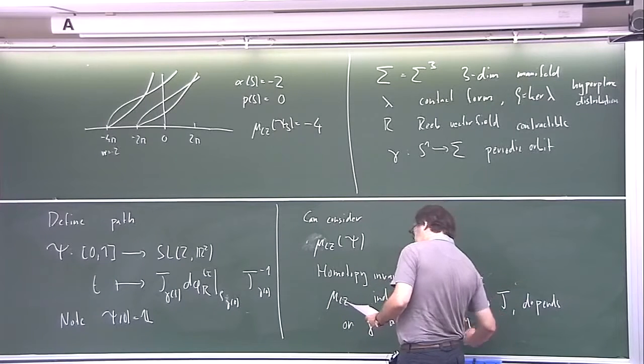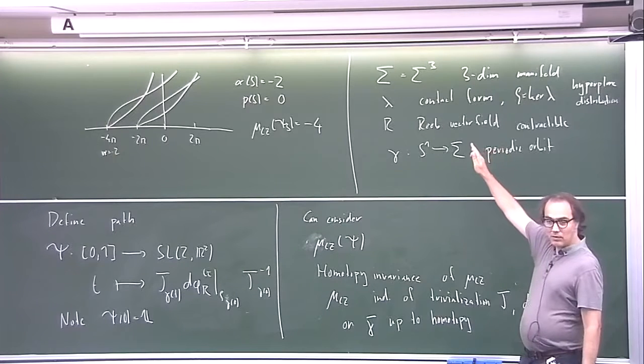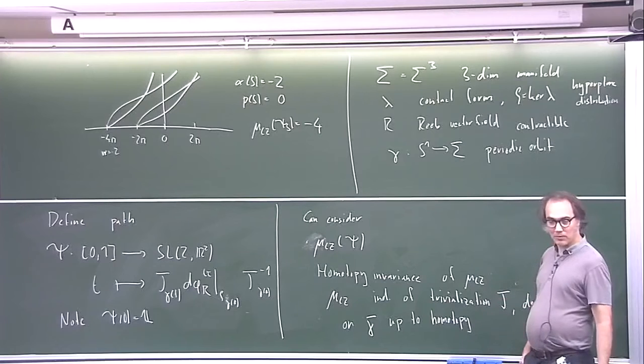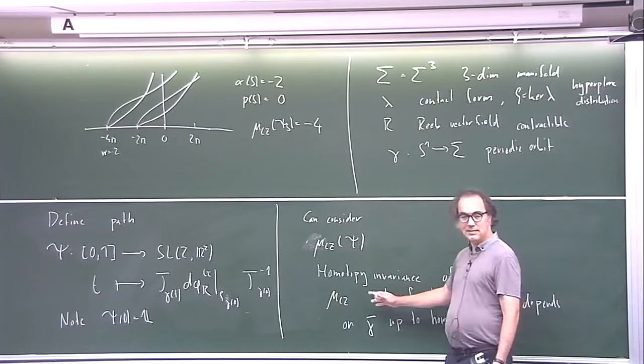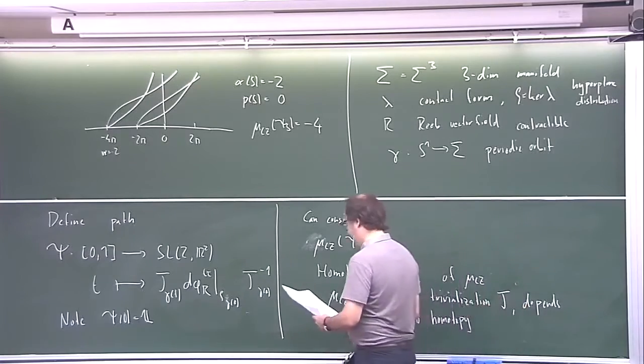However, if pi 2 of sigma vanishes, then all filling disks are homotopic, and this Conley-Zehnder index is well defined, independent of the choice of the filling disk.